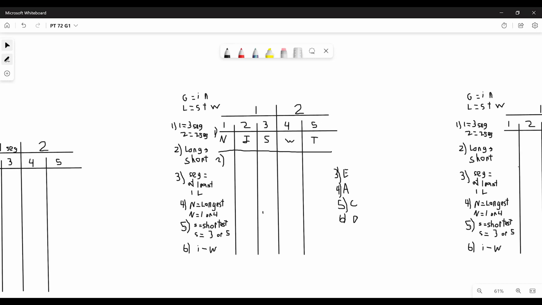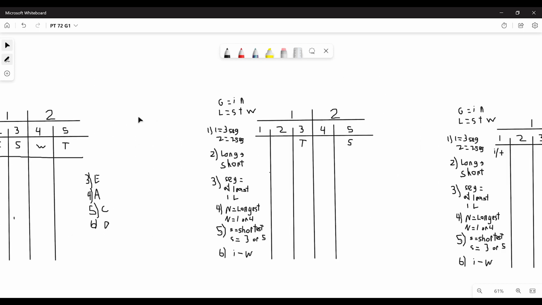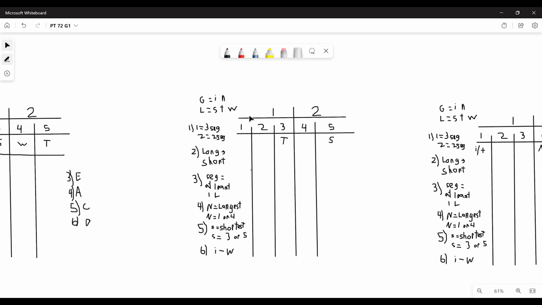Number 2 says that if T is the last report in the first segment, then which of the following must be true. So we know that if T is the last report, meaning number 3 in the first segment, that involves our rule saying that S must be the shortest. And so S is forced to be in 5. If we skim the answers, A through D don't have to be true.